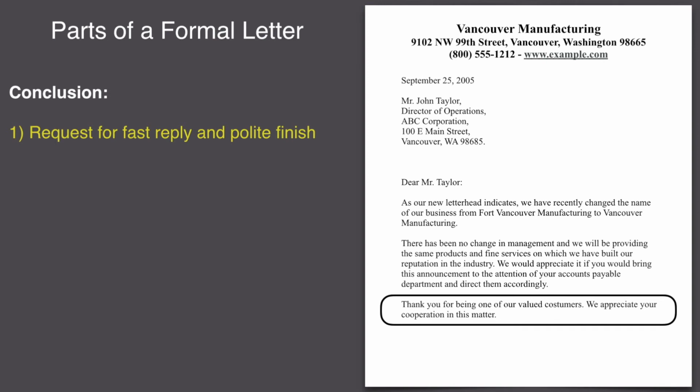So the finish should sound very polite, because it's a formal letter. We are addressing the person concerned here in a formal way. So a polite finish is important. For example, in this example, we appreciate your cooperation. So this gives the polite finish.